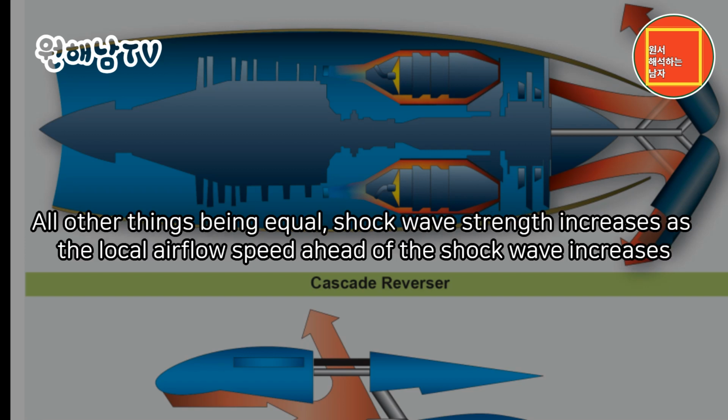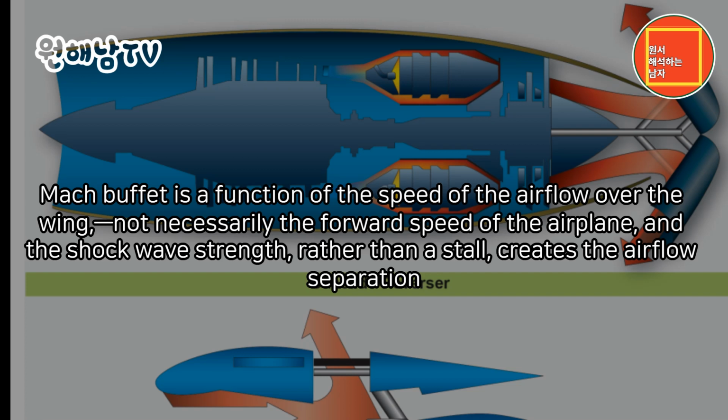All other things being equal, shock wave strength increases as the local airflow speed ahead of the shock wave increases. Mach buffet is a function of the speed of the airflow over the wing, not necessarily the forward speed of the airplane, and the shock wave strength, rather than a stall, creates the airflow separation.